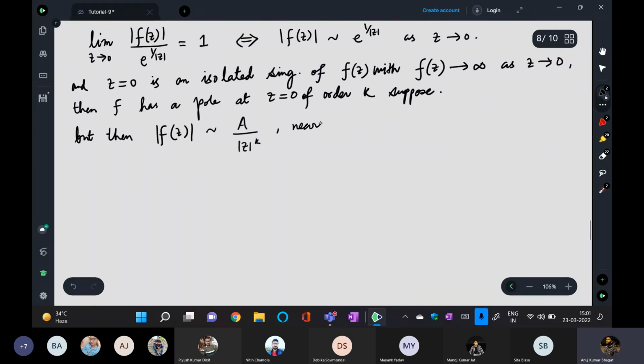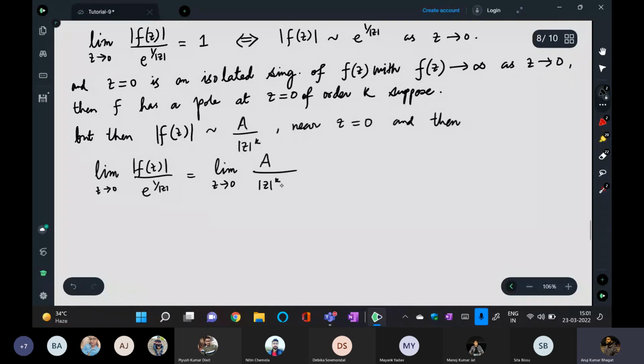Because pole of order k है, and then if you evaluate this limit f(z) by e to the power 1 by z, this is limit z tends to 0, a by mod z to the power k e to the power 1 by mod z, this limit will come 0, which is a contradiction because this limit was given to be 1.